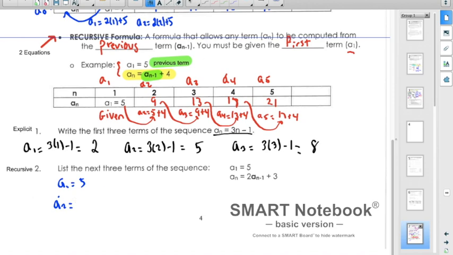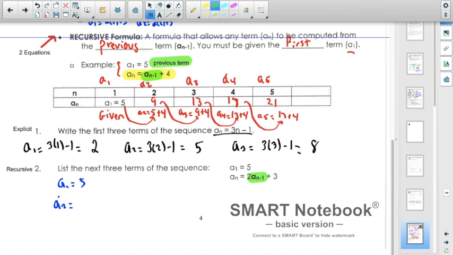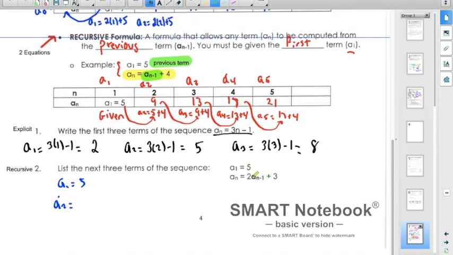Let's break this down. So a sub 1 is given, right? That's my 5. If I want to find a sub 2, the rule is to do this. Take 2, times it by the previous term. Take 2, times it by the previous term. That's what a sub n minus 1 means.